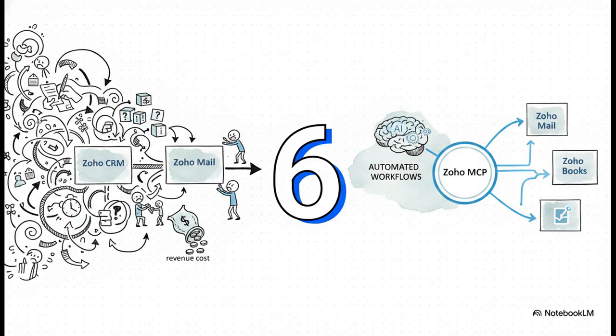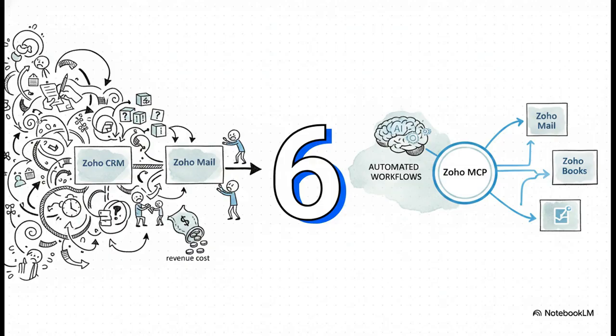It literally removes human error from the equation, and it finally gives your team their valuable time back to focus on high-value tasks. 6 hours, your team is likely spending at least that much time every week trapped in a super inefficient state. We are talking about endless manual data entry, constantly updating duplicate records across different platforms, and frankly suffering the very real revenue cost of lost follow-ups. I mean, think about it.